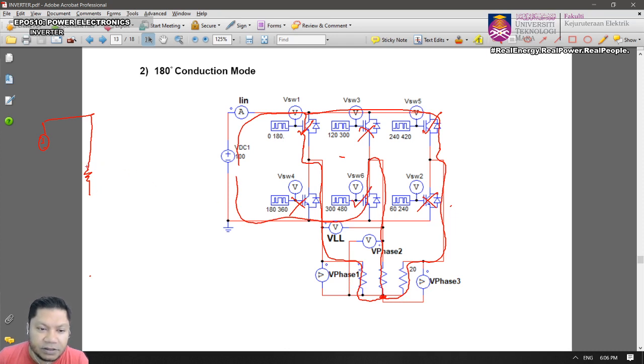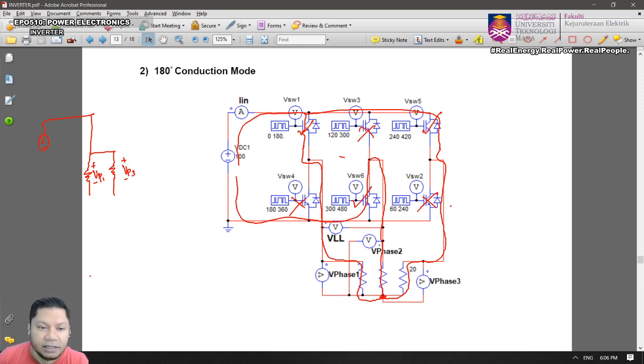So it not only goes to switch 1, resistor 1, but also resistor 3. Sorry, let me just write the voltage. So here you have V phase 1 as well as V phase 3.